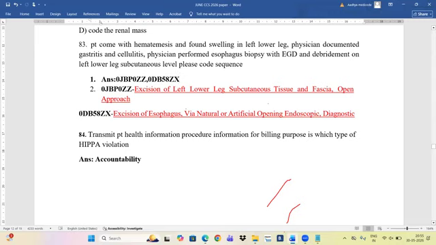Next, transmission of patient health information for billing purpose is which type of violation? It should be the accountability violation.